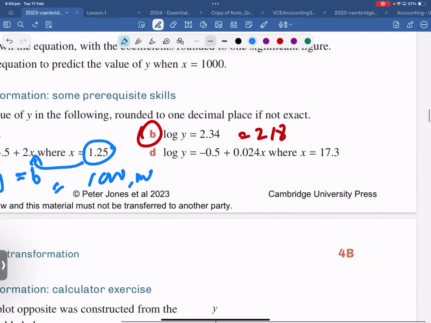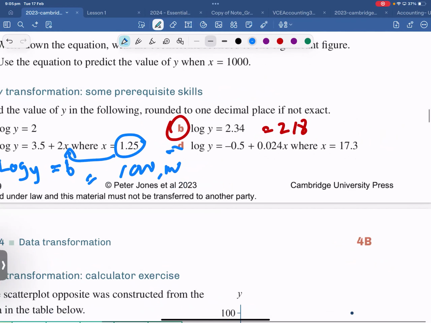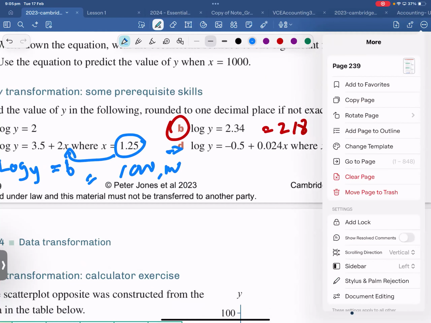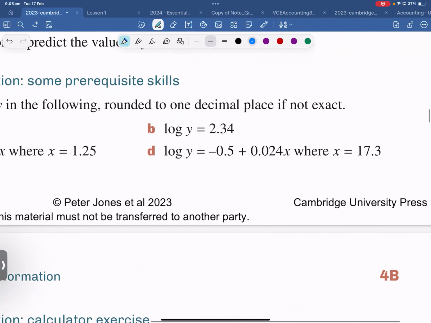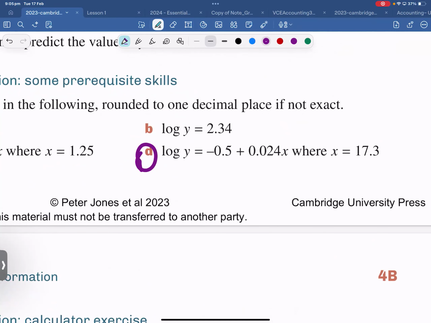Right. Sandil, did you get for part D? Is it 0.8? What did you get, Christian? 0.8. Yep. Correct. So the log value we are getting is negative 0.0848.